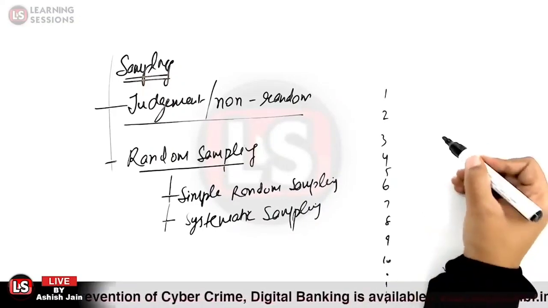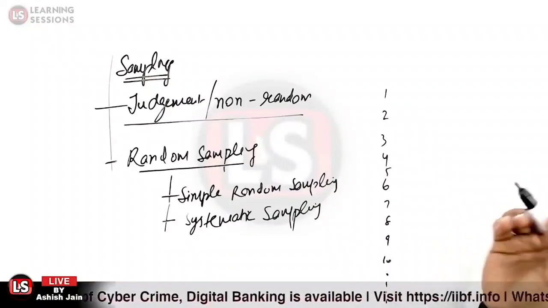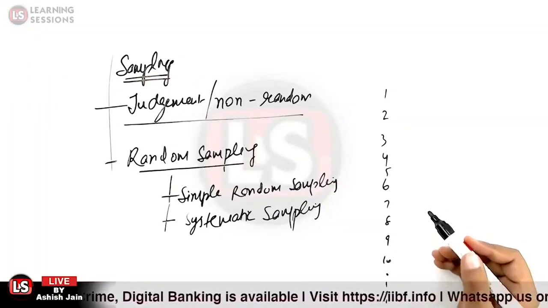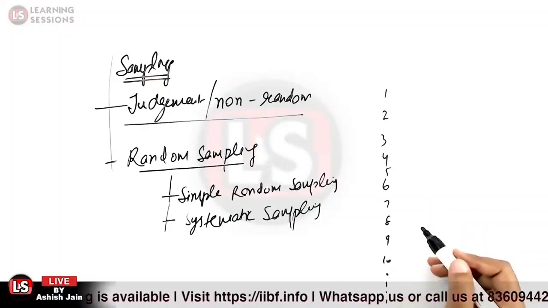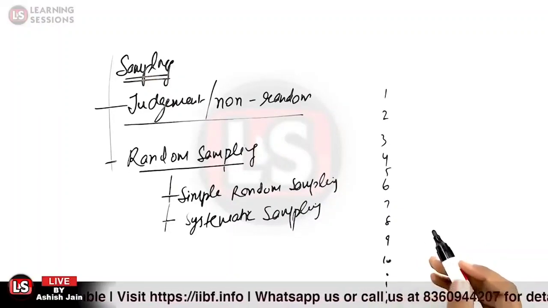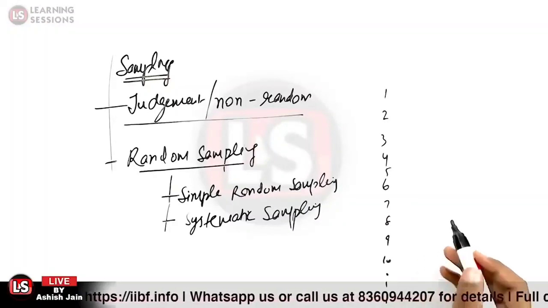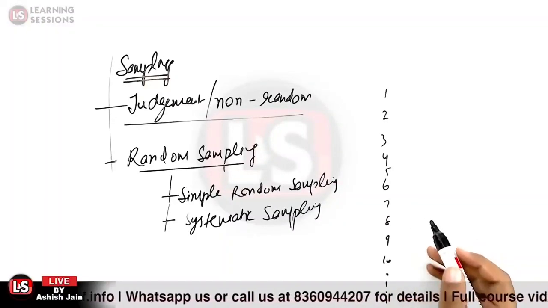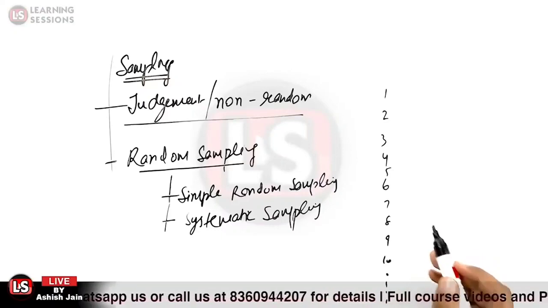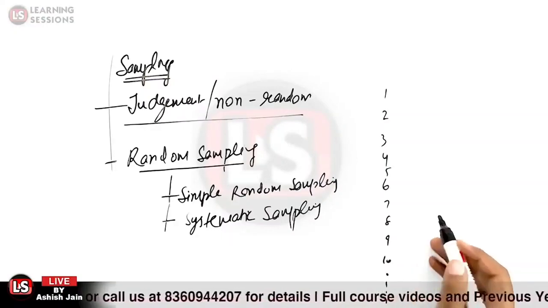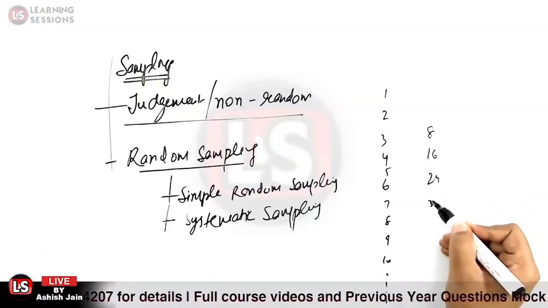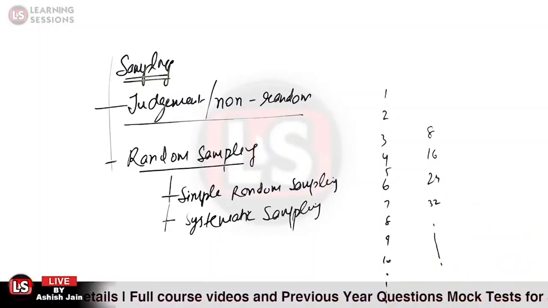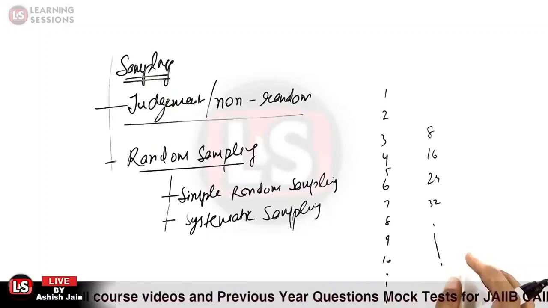Likewise, we select the student at number 8. First of all, we number the students, or allot a number to each student, and after that we select a particular student. In this case, we are assuming that we select each and every 8th student. As such, we select the 8th student, 16th, 24th, 32nd student, and so on, such that we select each student as a multiple of 8.